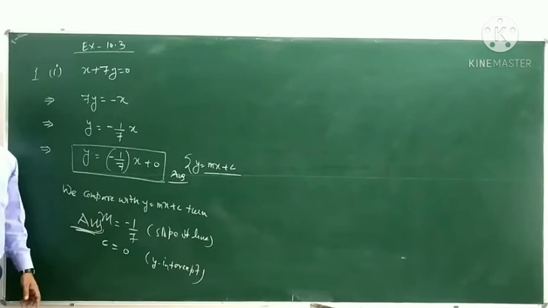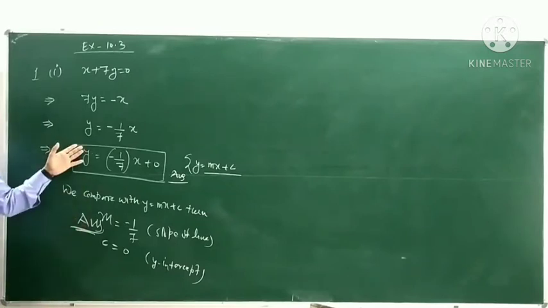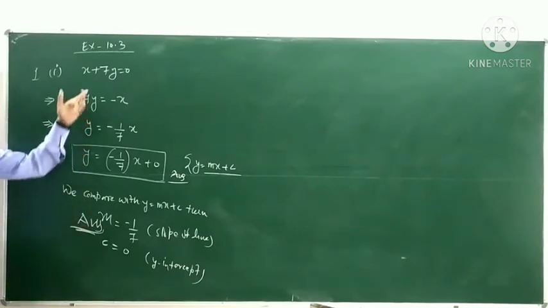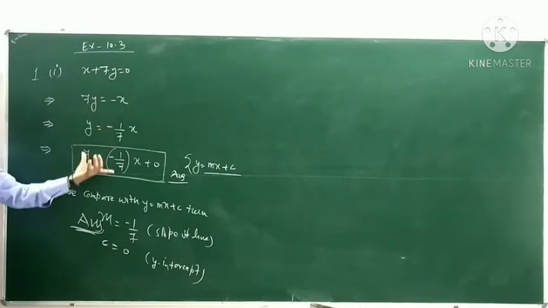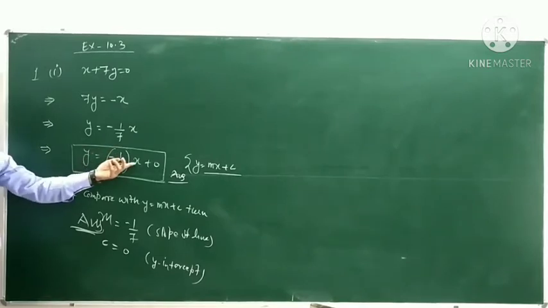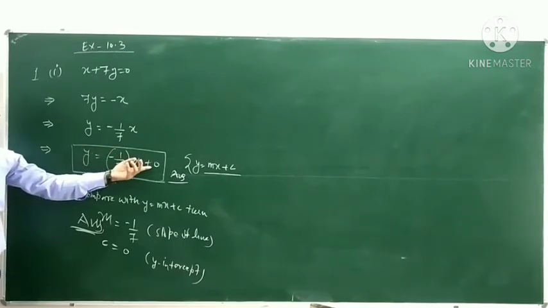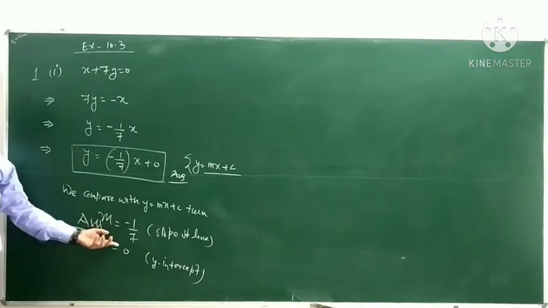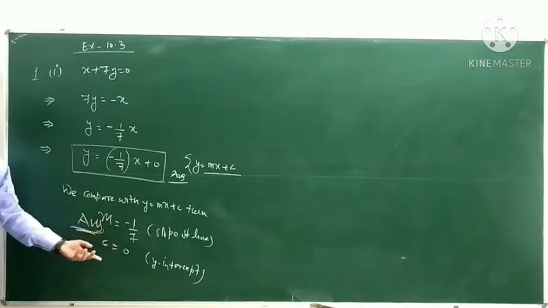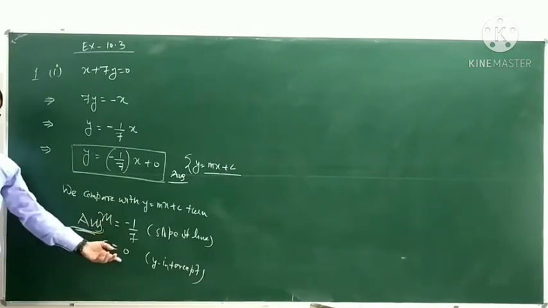Okay students, the first answer is: we reduce this equation in the form of slope intercept form, that is y equal to minus 1 by 7 x plus 0, and the slope of the line is minus 1 by 7 and the y intercept is 0.